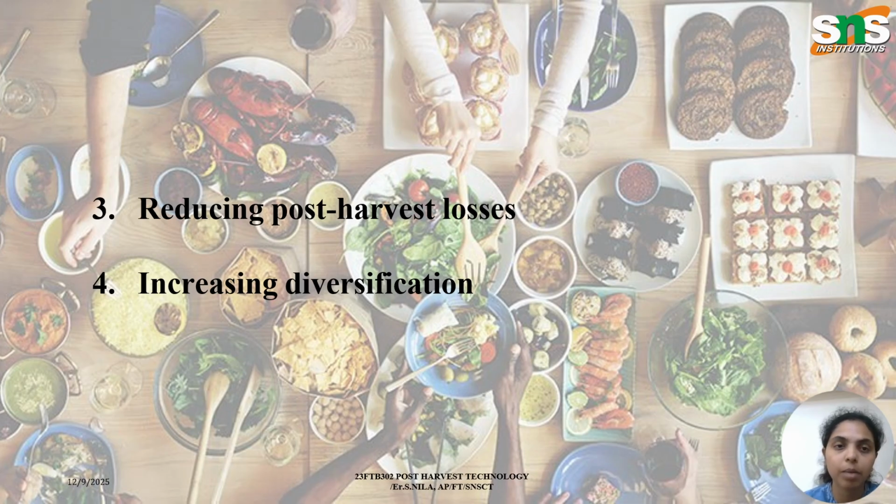And then, by using advanced packaging methods, like I said in the previous slide, right? Modified atmospheric packaging, smart packaging, vacuum packaging, controlled atmospheric packaging. All this kind of advanced packaging can help in reducing the post-harvest losses. And then processing and value addition.